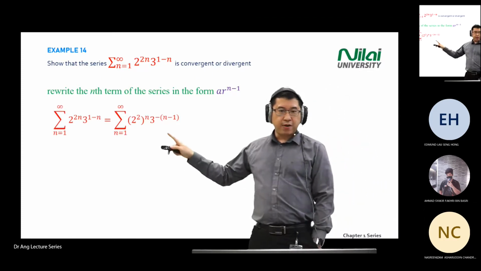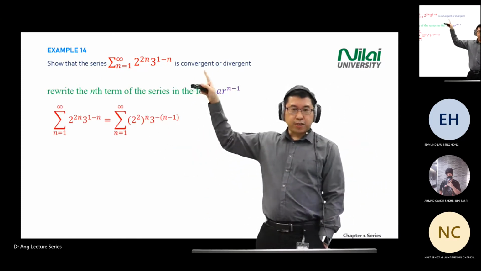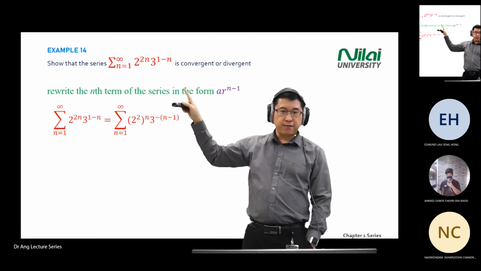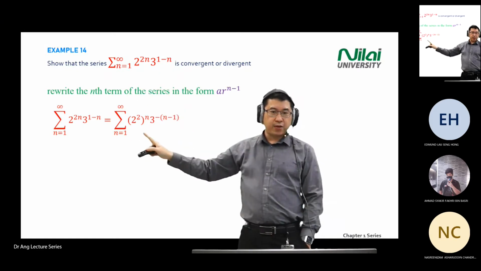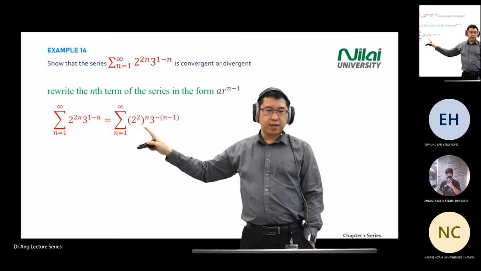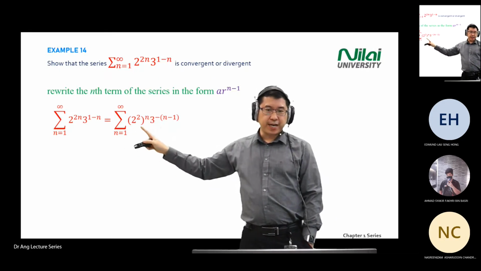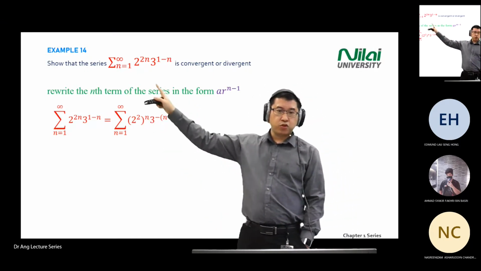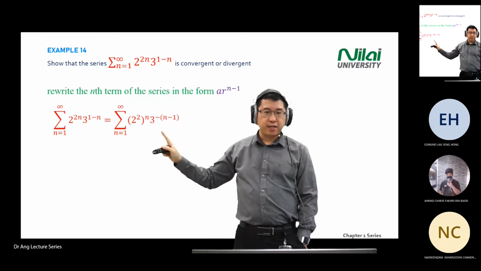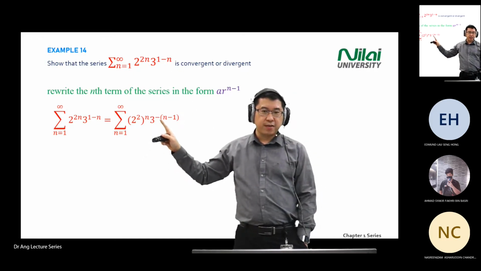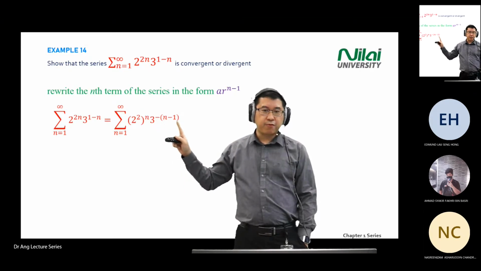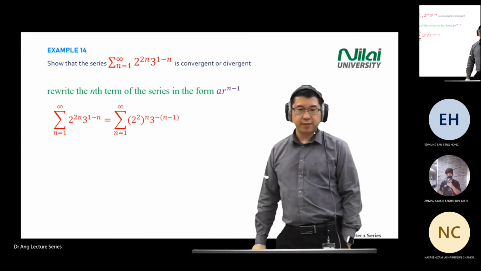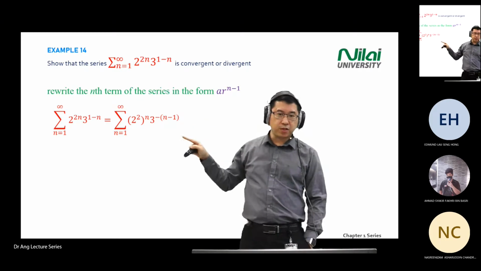Okay, so how do you write it? The equation above, 2 power 2n, you can write as 2 power 2, put a bracket, and power n. 3 power 1 minus n, you can write as 3 power negative n minus negative 1, because negative times negative 1 gives you 1. You can transform this equation into this form.